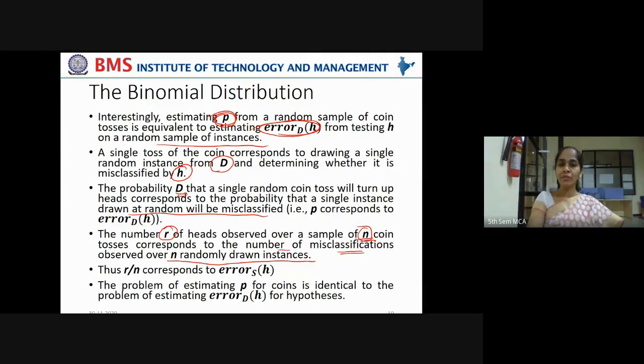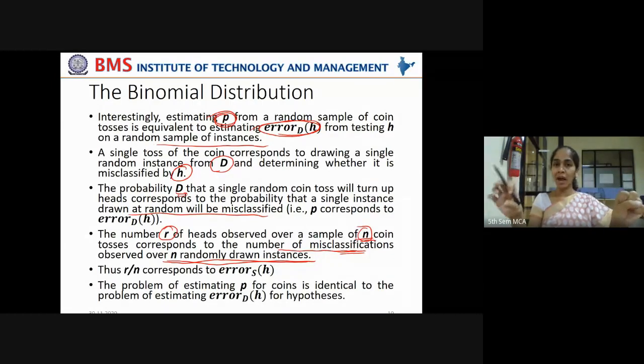In the coin toss experiment, you are interested only in the number of heads. In the machine learning model, you are interested in the number of errors the model makes, so that you can calculate the true error of the model.